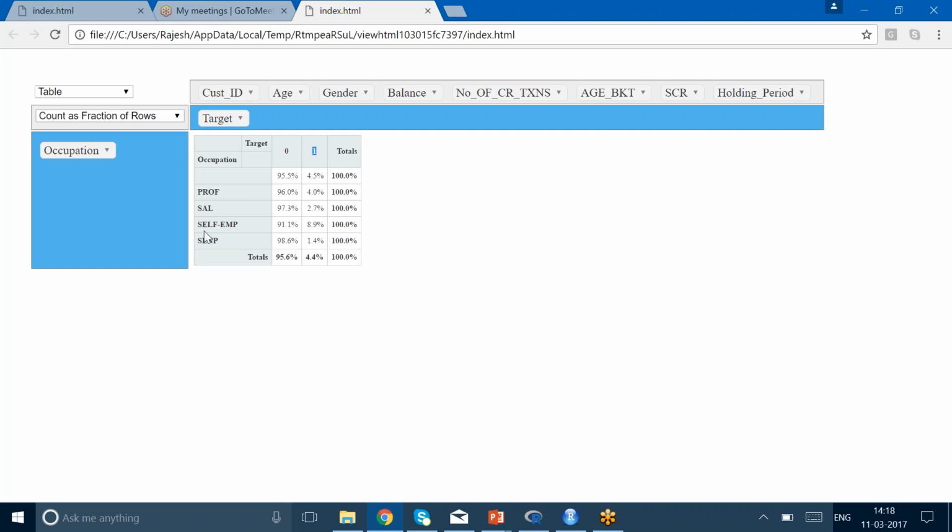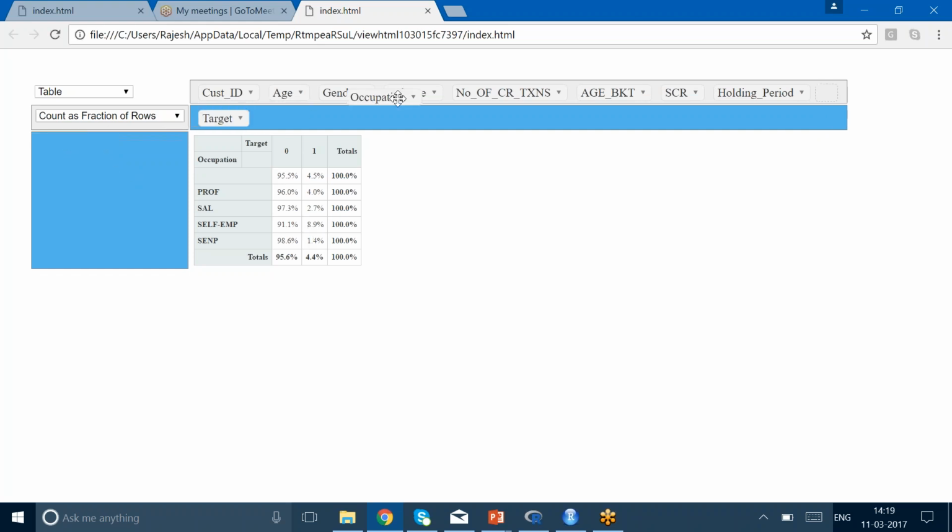But when I aggregate all customers who belong to the self-employed category, it gives me what proportion of self-employed responded. When I aggregate at the salaried level, it gives me what proportion of salaried responded. Now can you see that when you aggregate these ones and zeros, probability comes into play? Let us take this forward.